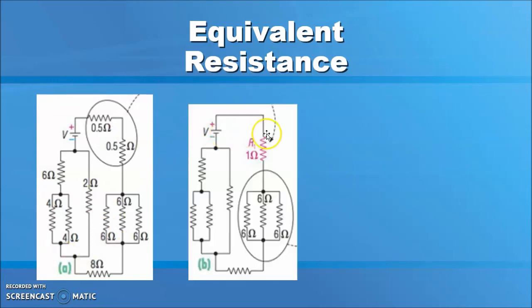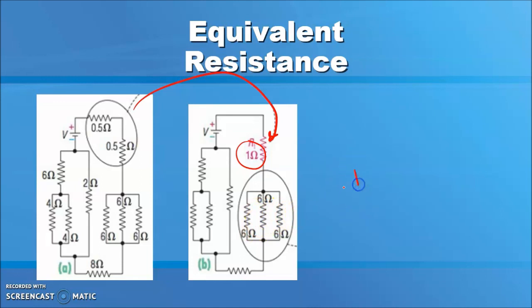So I know that I can replace this resistor and say that this is just 1 ohm. 0.5 plus 0.5 is 1. Now, we have these, and these are what we call parallel.